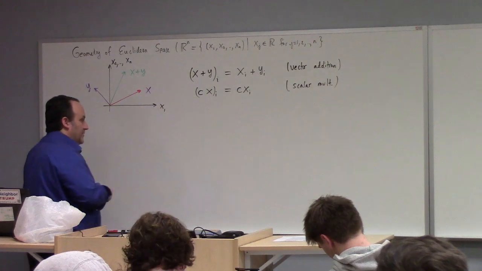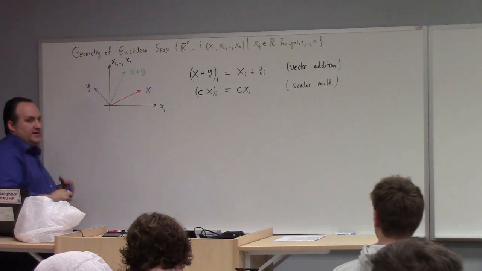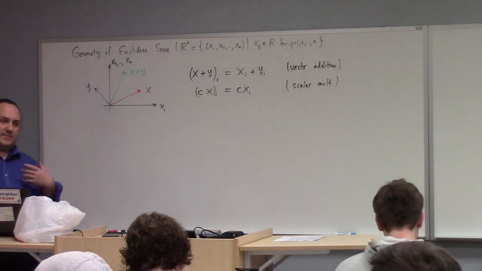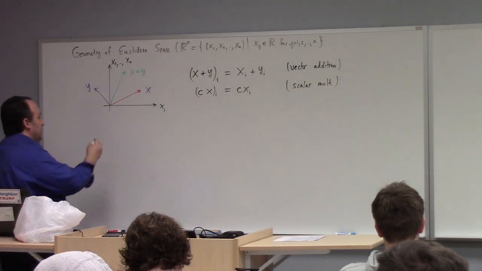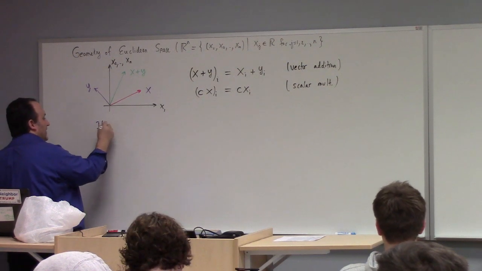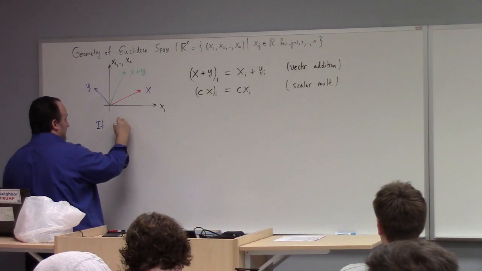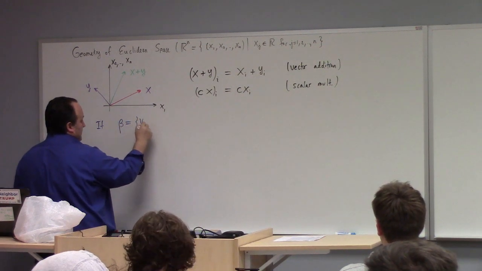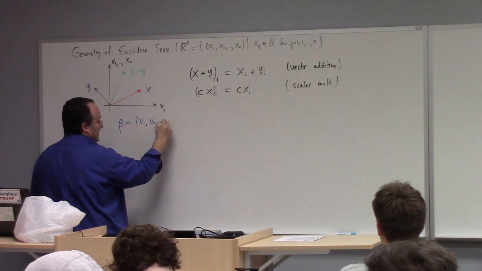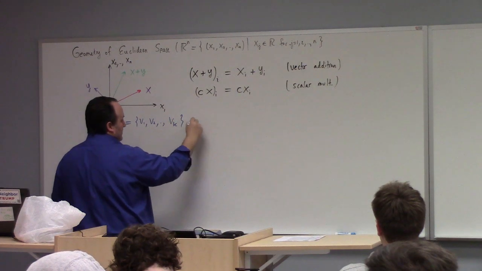Now, I want to say a little bit more. We've talked a little bit about span. We've talked about linear independence, right? So if you have, let's say, beta is v1, v2, ..., vk, right?